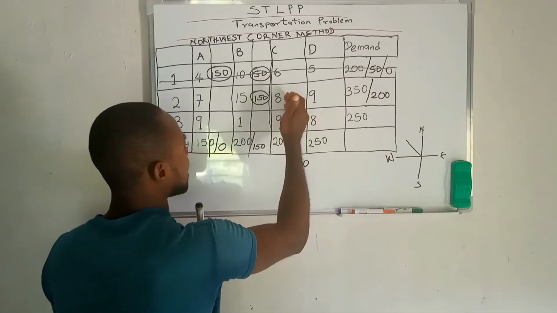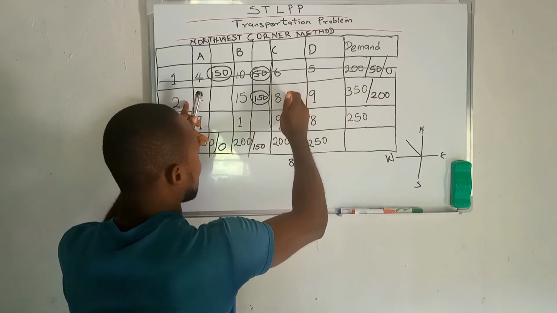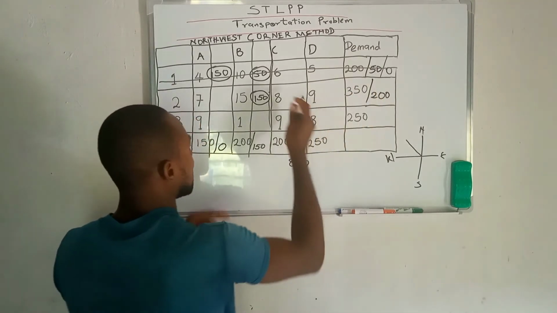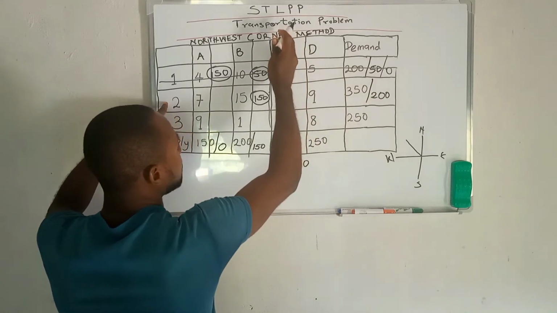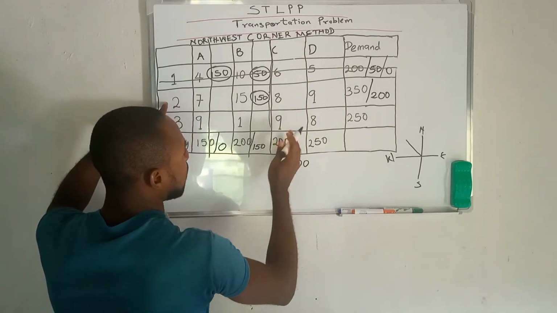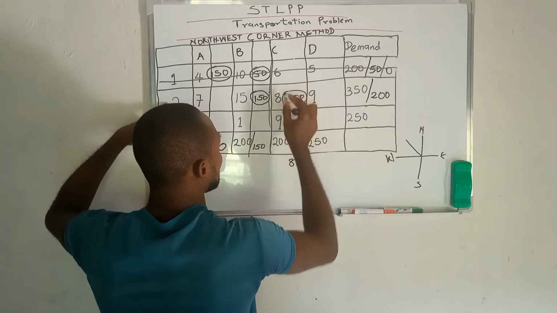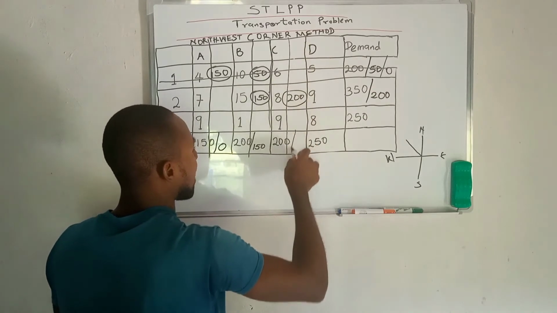So we go to the next number, which is this, and see if we can supply them the number of goods that they want. They are still demanding 200 goods, and in unit C we have 200 goods, so we supply them the 200 goods, and everything in unit C has been exhausted.